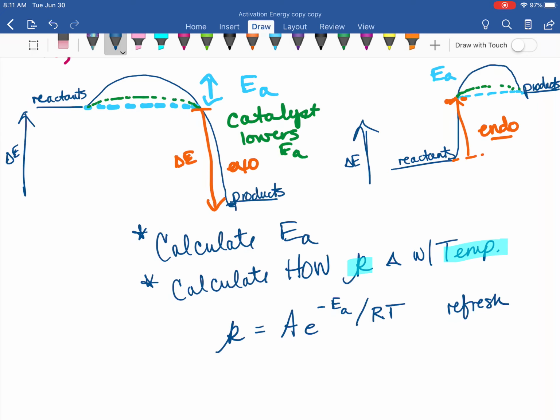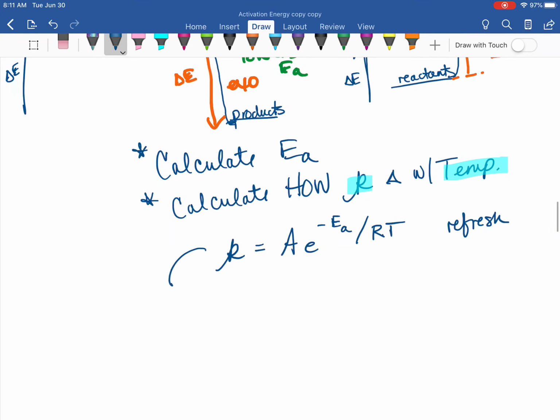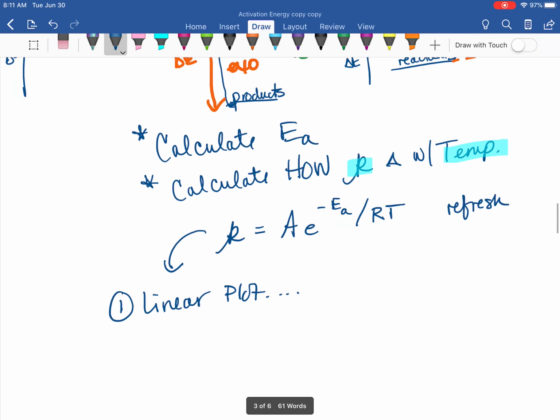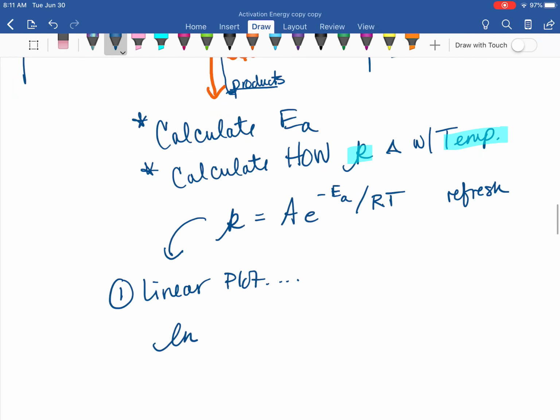Okay, refresh. And then let's turn that into something usable. So number 1, we're gonna turn this into something that would give us a linear plot. Shut the front door. Aren't we super excited to do another linear plot? So if we rearrange, we could do the natural log of k.